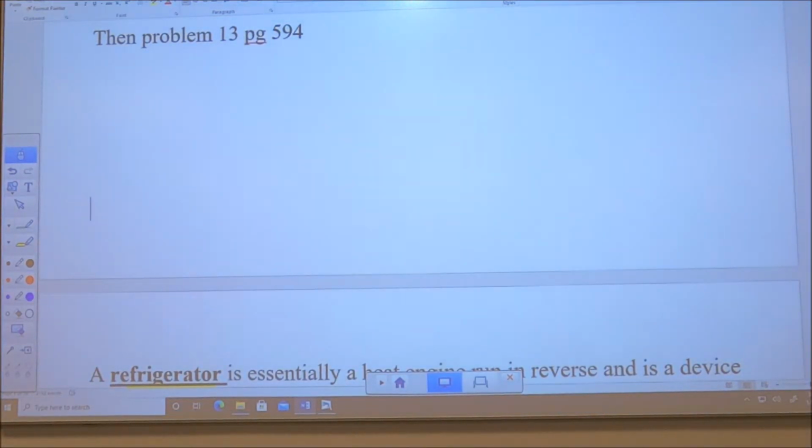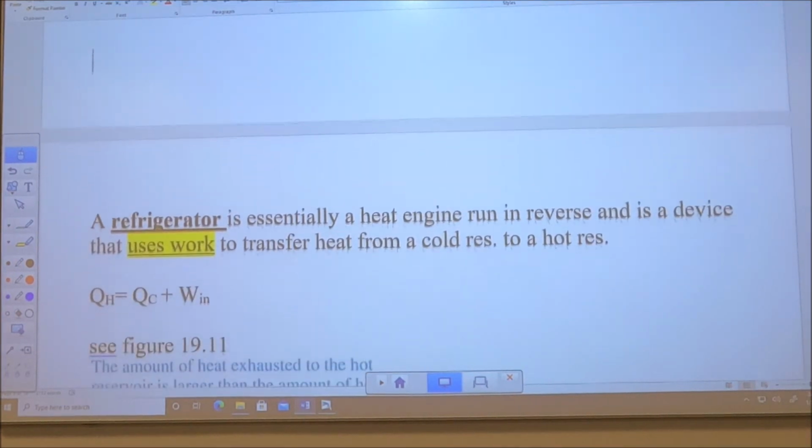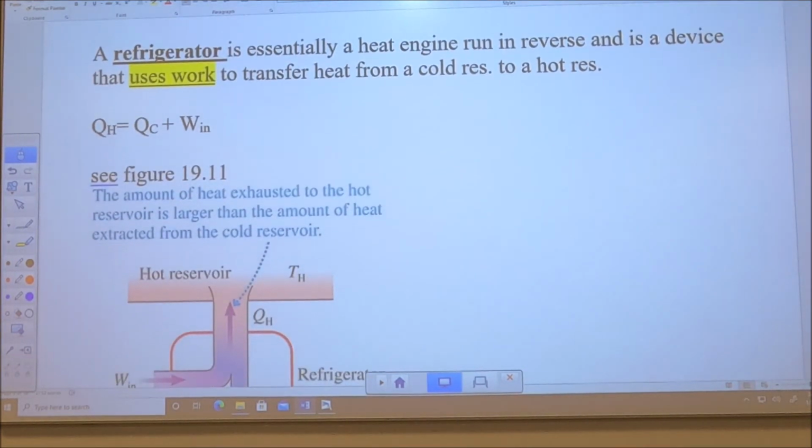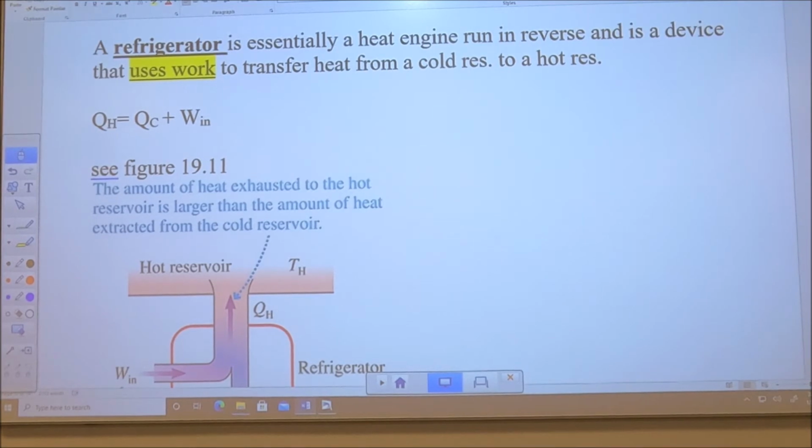Okay, let's scroll down here. Okay, a refrigerator. A refrigerator is essentially a heat engine run in reverse and is the device that uses work to transfer heat from a cold reservoir to a hot reservoir. Thus, it's a heat engine running in reverse. Okay?